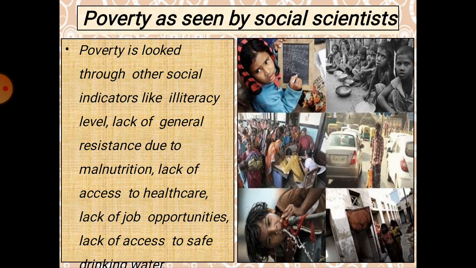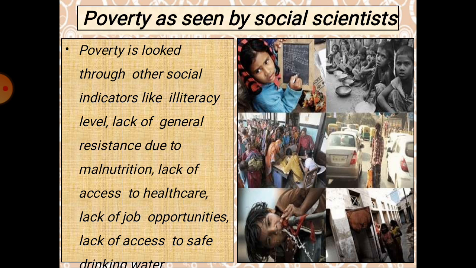He comes under poverty, but we do have certain other criteria, or they are called indicators, like literacy level, like whether he is educated or not educated. Illiterate is there. Lack of general resistance due to malnutrition.